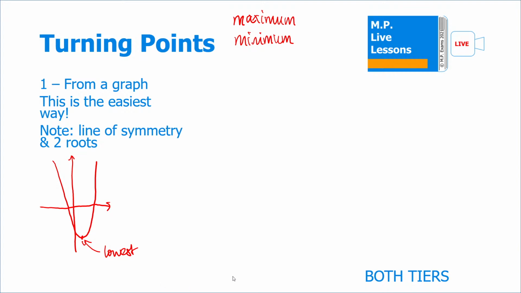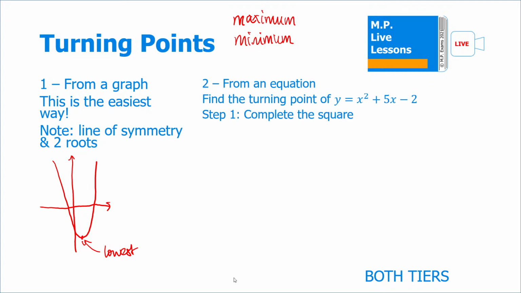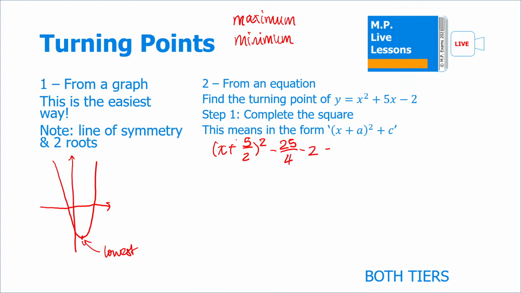Now, mainly for higher tier, you'll need to find the turning points of a quadratic equation based off its equation. So let's say you'll first have this equation here, and what you'll have to do is complete the square. If we do this, we get this.